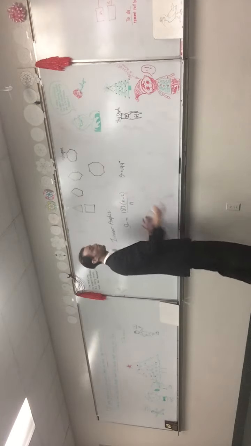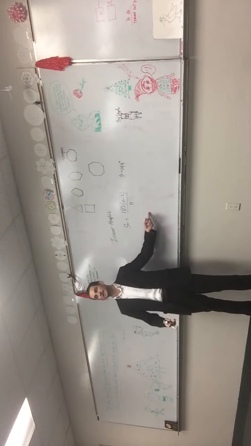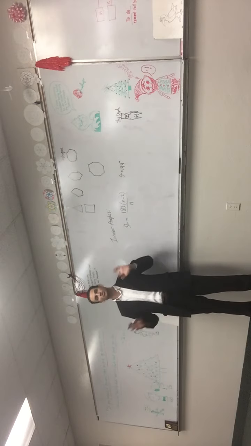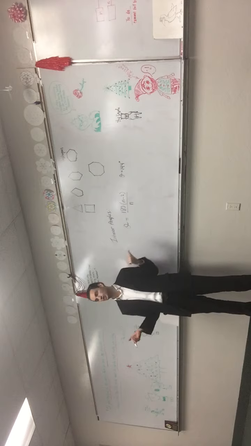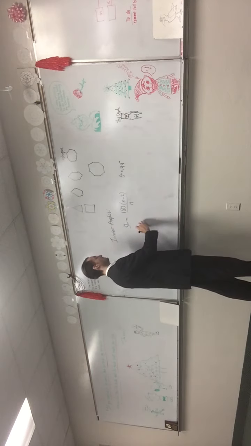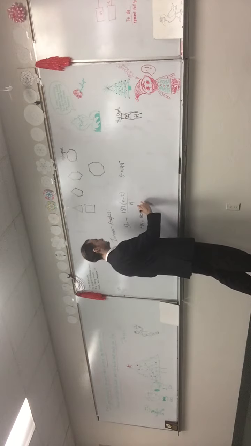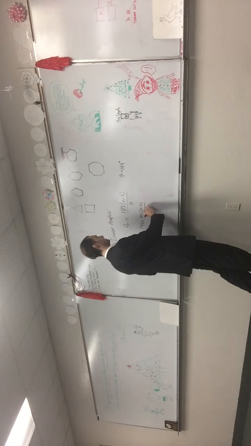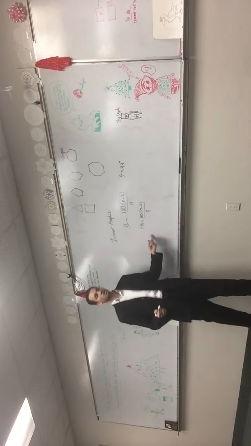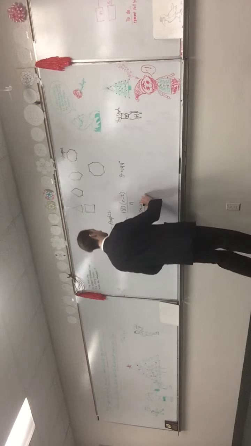If theta is 144, the way that we had done this previously is I had you derive this formula algebraically. You remember that? But you don't have to do that, okay? This is what you should do. Just plug in 144 for theta, equals 180 times n minus 2 over n. What should I do? Multiply by n.